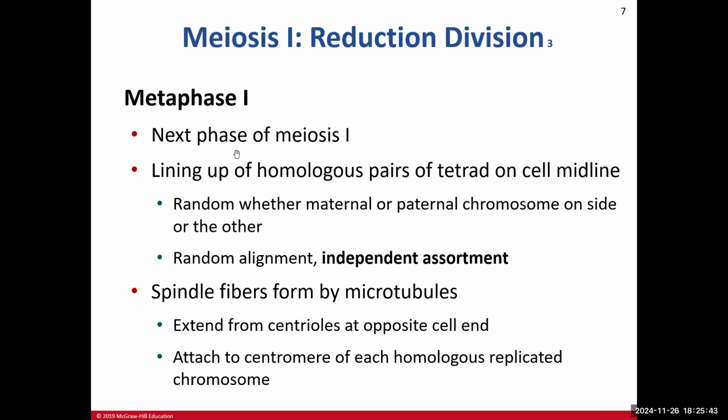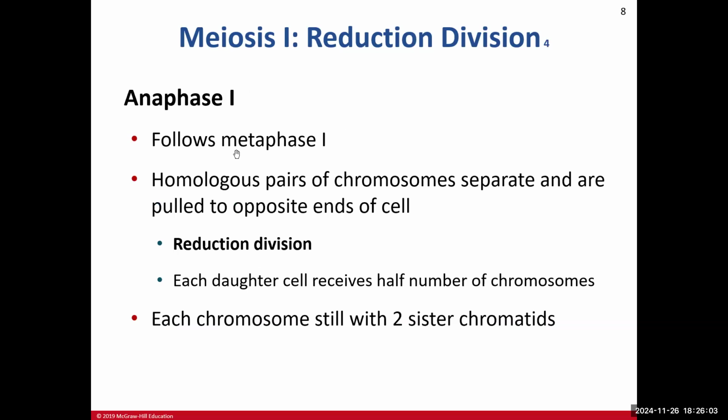So here again, you're going to see those tetrads randomly place themselves. It doesn't matter. Some maternal chromosomes will go on the left side of the equator. Some maternal chromosomes will go on the right side of the equator. So they just plop themselves into position, and then the mitotic spindle starts to form, and we're going to start to see the beginning of where the cell will start to pull it apart.